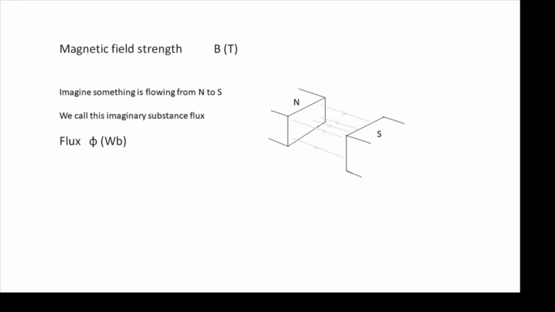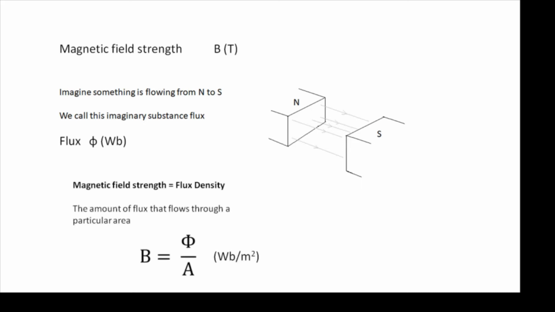This imaginary stuff we call flux. So flux flows from north to south, and you can call my magnetic field lines flux lines. Flux is a quantity. It has the symbol phi, and it is measured in Webers, Wb. So there's an amount of flux flowing from north to south.